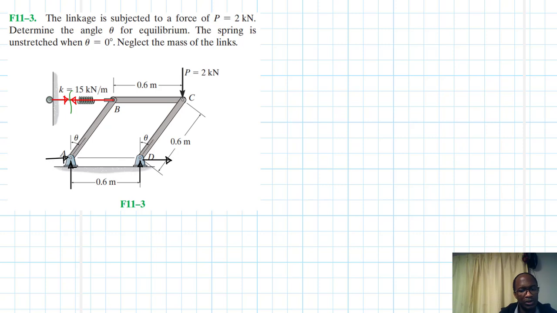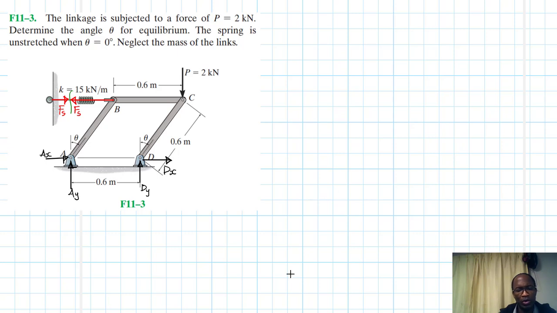So let's call this Fs, spring force Fs. Then let's call this here Ay, this one Ax, this one Dy, this one Dx. What else? This is about it, right?